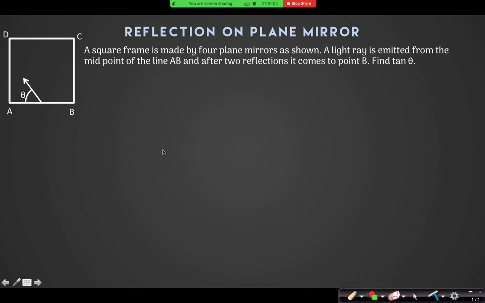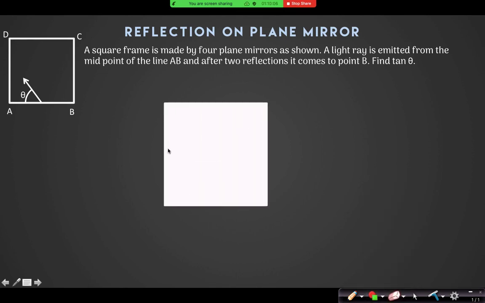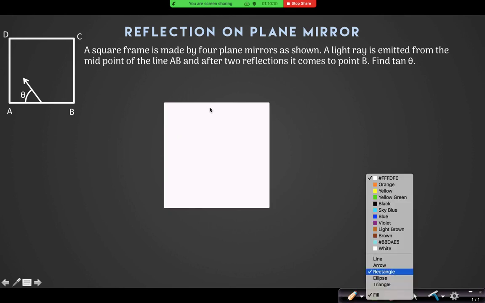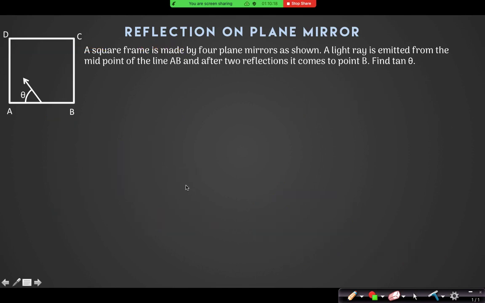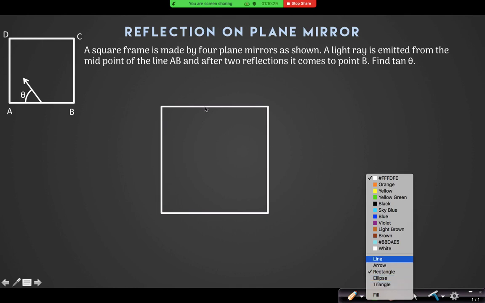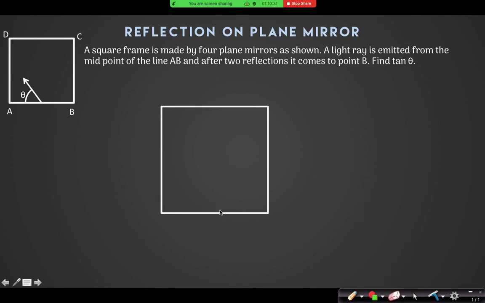Let us first draw that square. Okay. Suppose this is a square. Let us check.